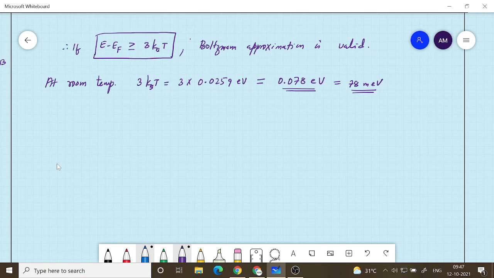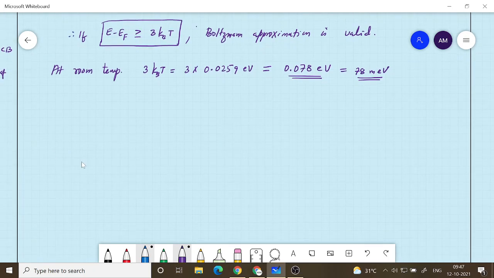Okay, so let me also say. So for example, if we are doping, so we were looking at extrinsic semiconductor in the last class. Extrinsic semiconductors, they are of two types. They could be N type or they could be P type.